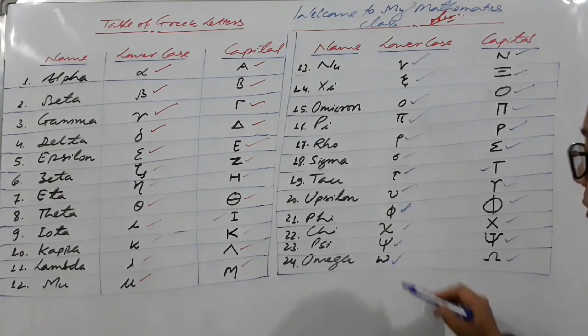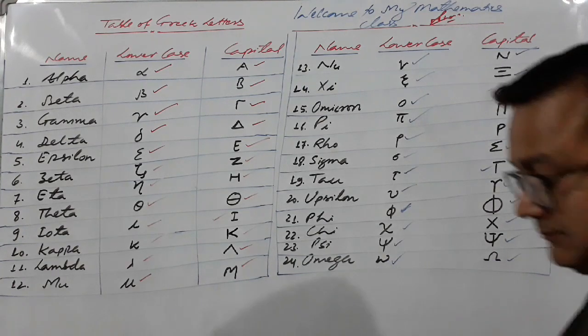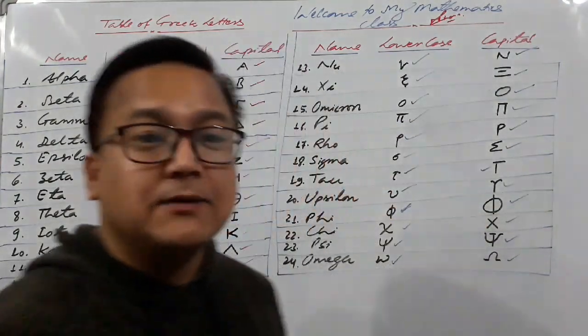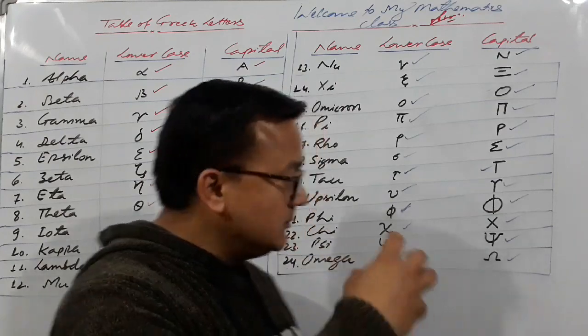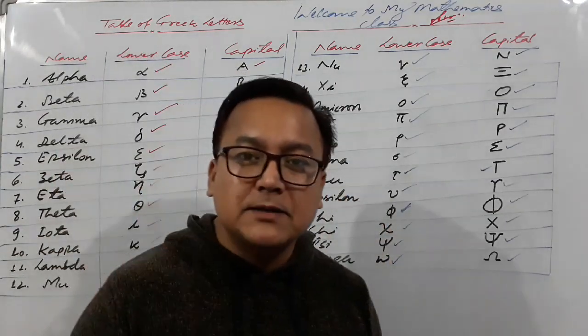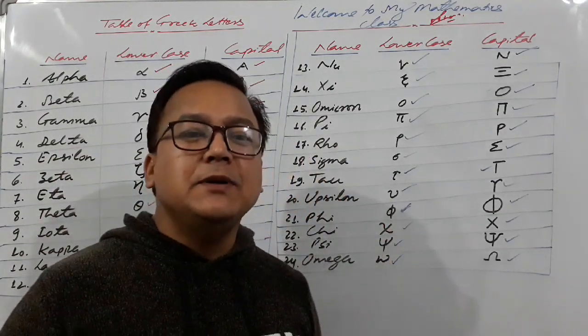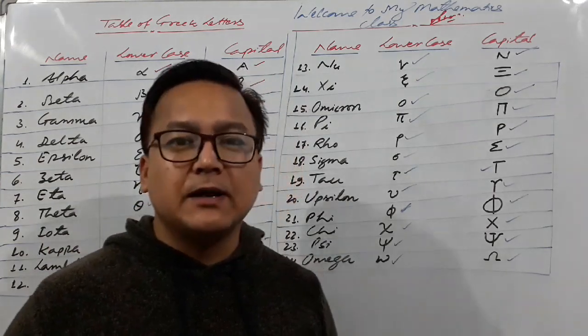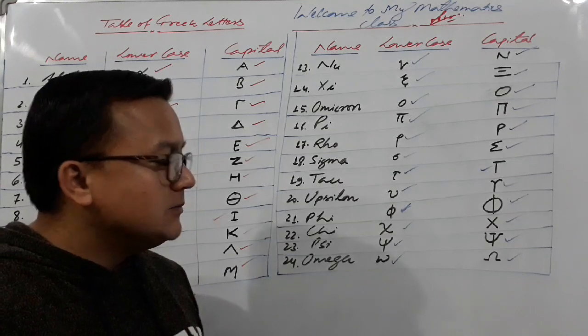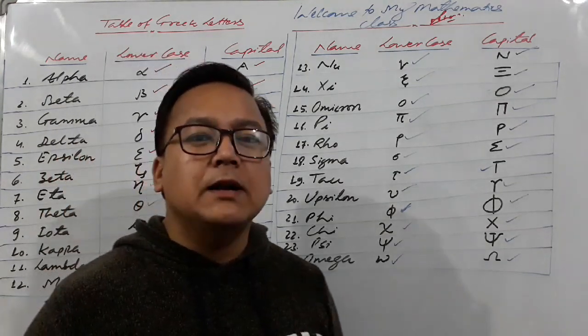And this small omega we use in complex numbers. If you know all these, you will not have any problem. Some of them we find in mathematics, and almost all of them we can find in physics. So you will not have a problem if you know them already.